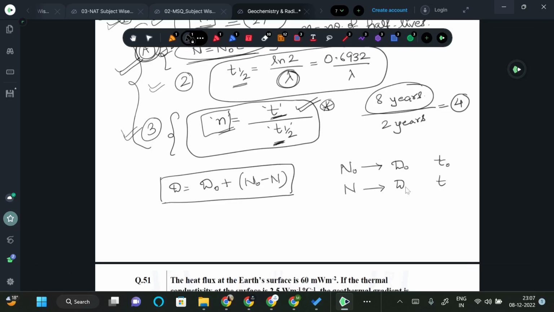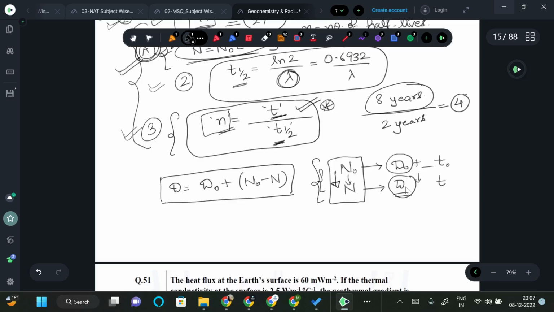So from here, what can we write in place of this D? This is nothing but D naught plus the decline of N, that is, how much N has declined gets added to D naught to produce D. I think you can get it. This is simple math. So with this we get D is equal to D naught plus N naught minus N.